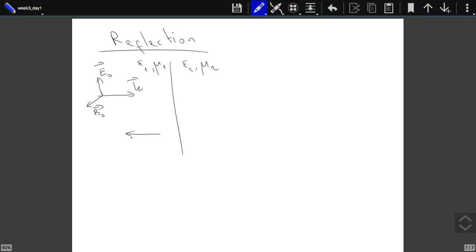So this will have some minus k vector. Let's say this is our E0 prime. What will be the direction of the B0, out of the screen or into the screen? Into the screen. This is B0 prime.